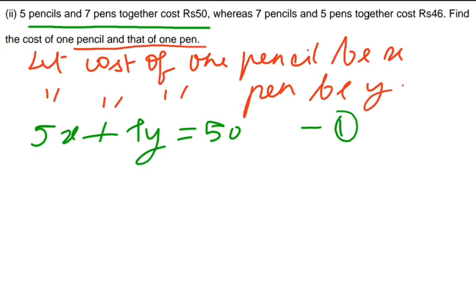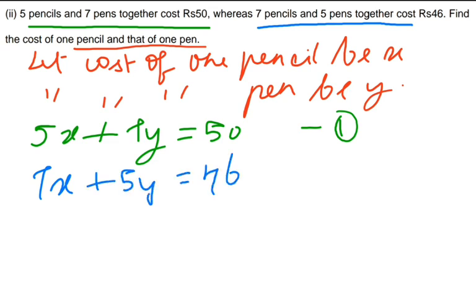They are saying that 7 pencils and 5 pens together cost rupees 46. So 7x plus 5y is equal to 46. This is our second equation. So these are the two equations we got. Now we can solve this by adding both of them.